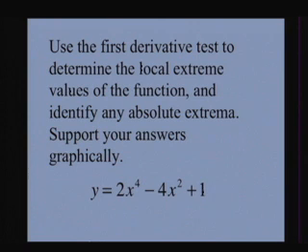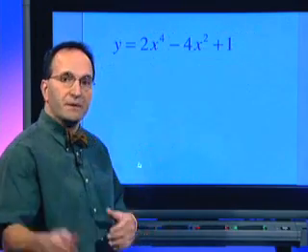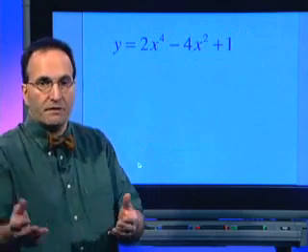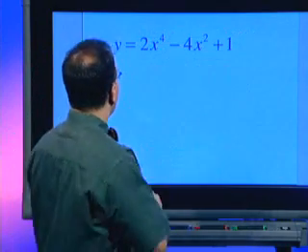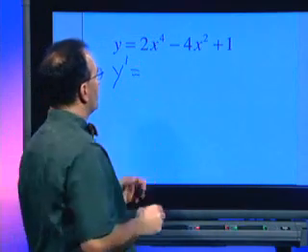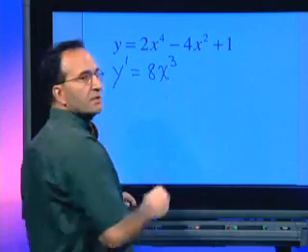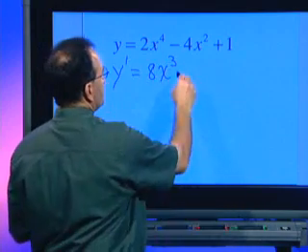What we have is y equals 2x to the fourth minus 4x squared plus 1. So we want to apply the first derivative test, which means we have to find the first derivative. So let's find y prime equals, well, this would be 8x cubed minus 8x.